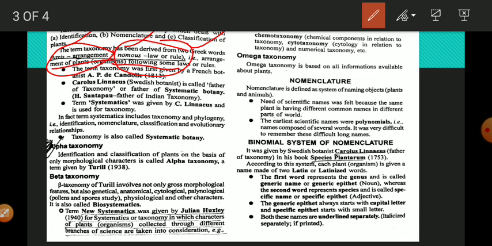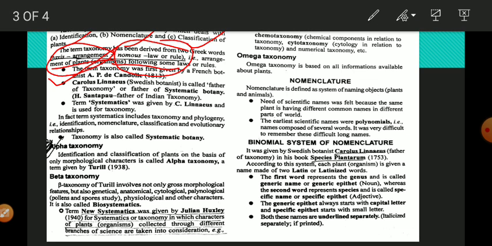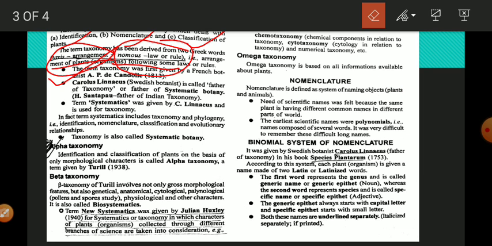The term taxonomy was first given by a French botanist, A. P. de Candolle, in 1813.